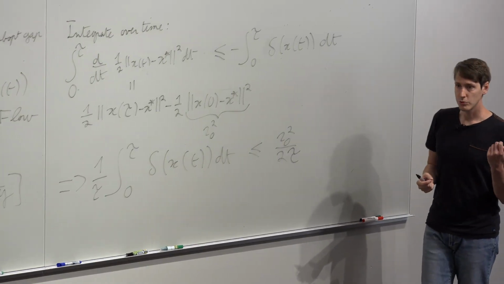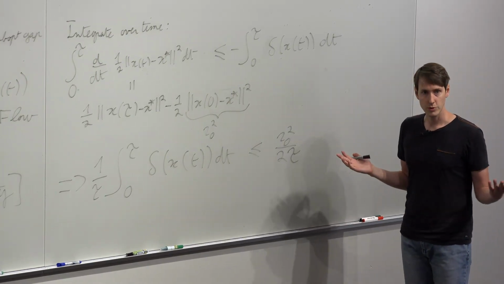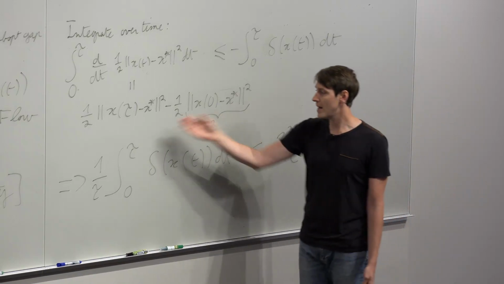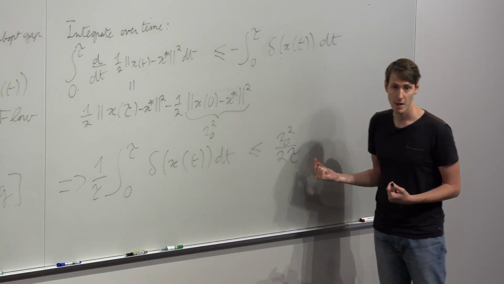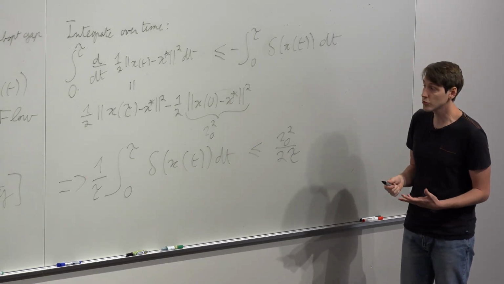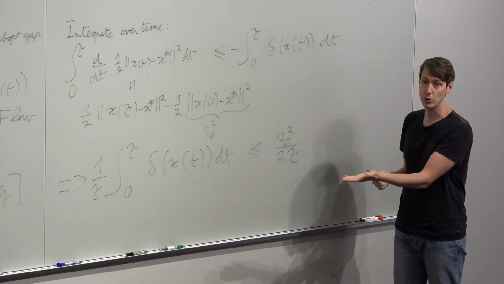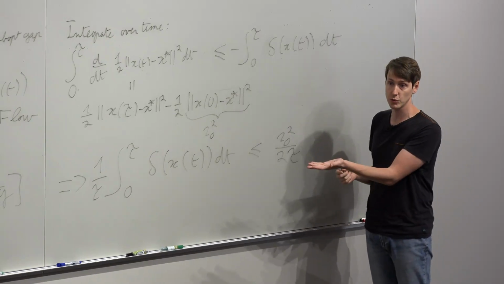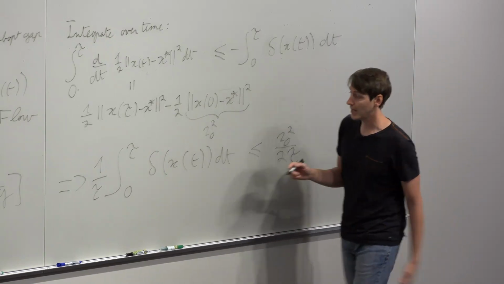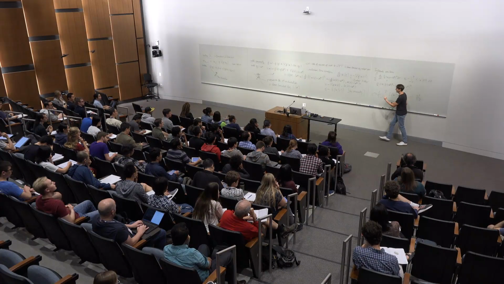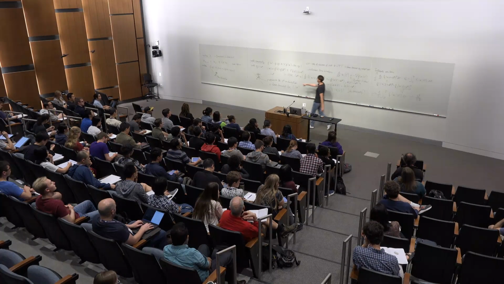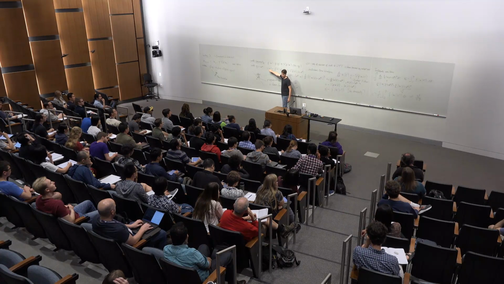So that's a good result already. We see that if I take a random time on my trajectory, I get a pretty good point. But by convexity, I can also give you one point which is good, which is the average of those points. Notice that the delta function is also convex, since f is convex, so delta is convex.